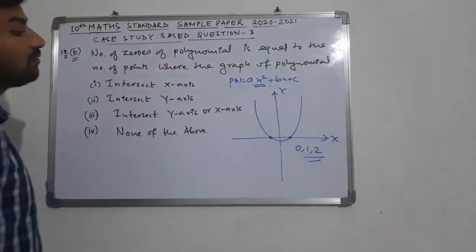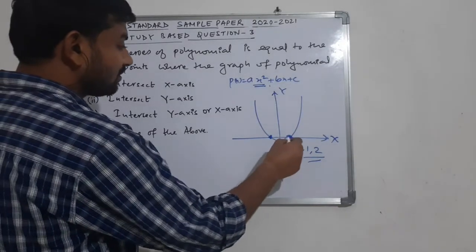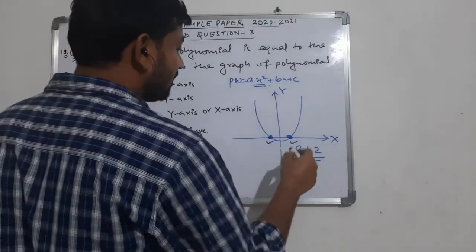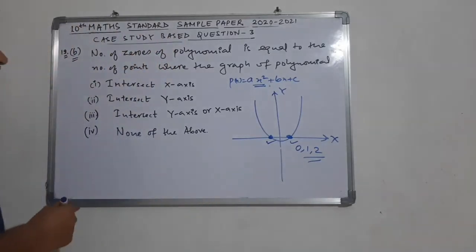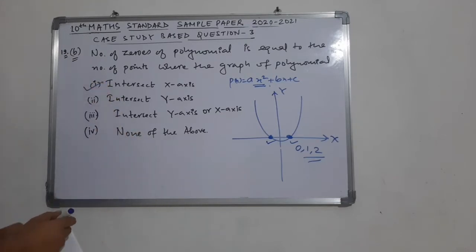We can find this out by just observing the x-axis, the number of times the graph is intersecting the x-axis. That will give us the number of zeros of the given polynomial. So the correct option here is the first, the intersection of the polynomial at x-axis will give us the number of zeros.